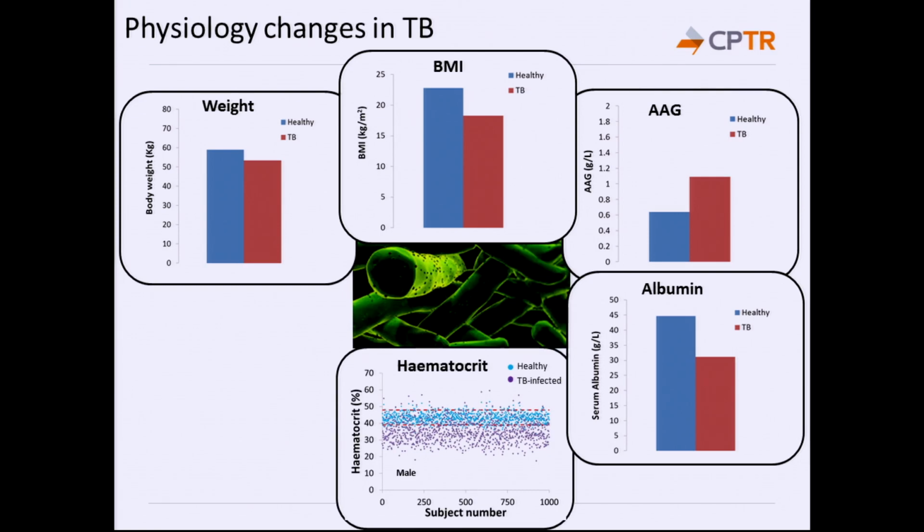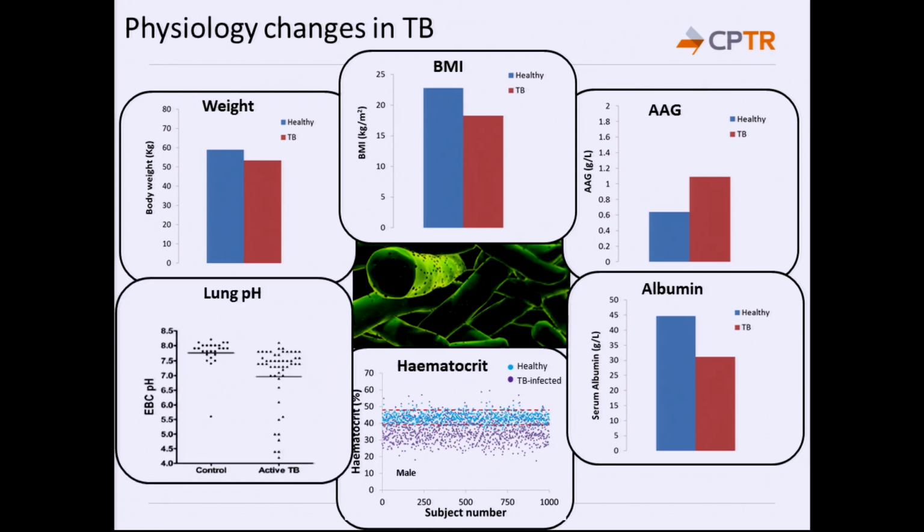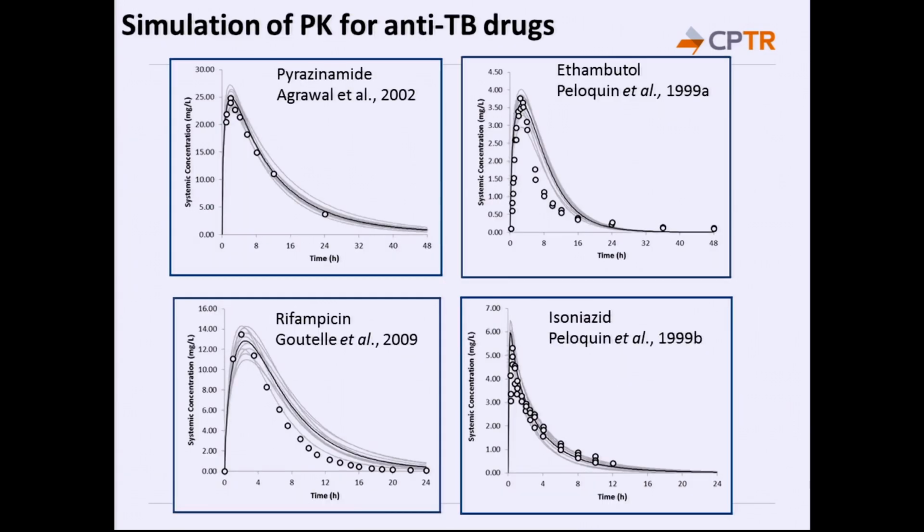The hematocrit's also decreased. And obviously, if we're looking at disposition of the drugs into the lung, which is really one of the strengths of PBPK modeling, being able to get an estimation of the concentrations in the tissues, then things like how the lung pH is changing in different types of diseases will also be important. So that's the kind of information that we've been collecting together.